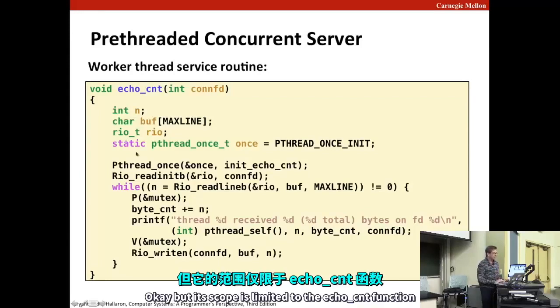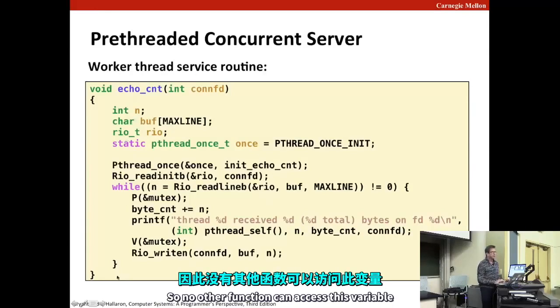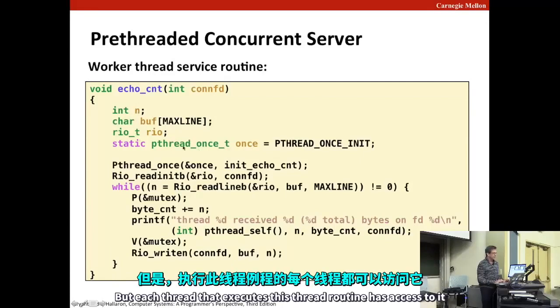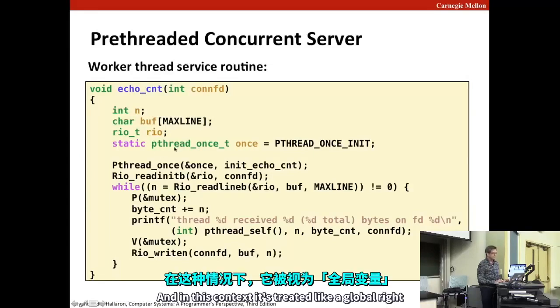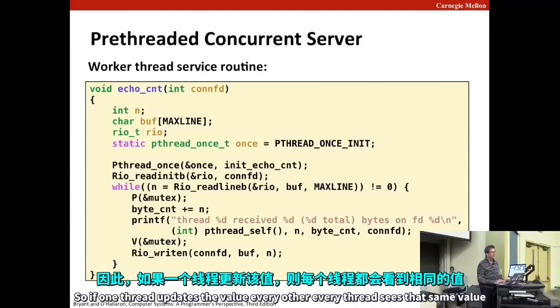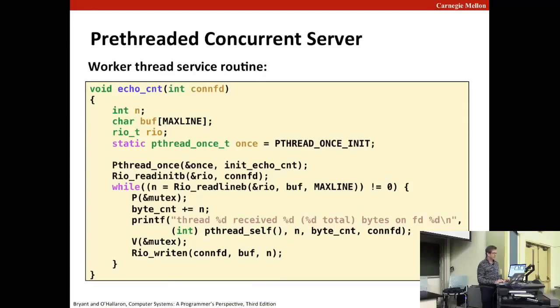But its scope is limited to the echo count function. So no other function can access this variable, but each thread that executes this thread routine has access to it, and in this context, it's treated like a global, right? So if one thread updates the value, every thread sees that same value.